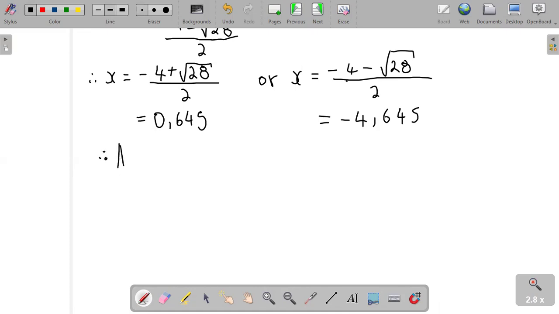So therefore, AB equals 0.645 minus negative 4.645. So it's going to be a plus here.